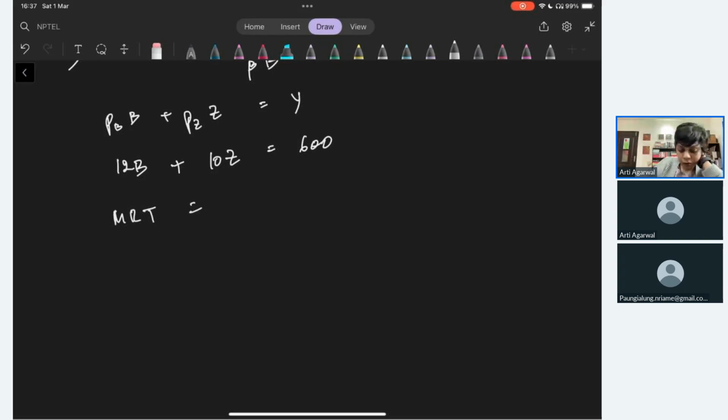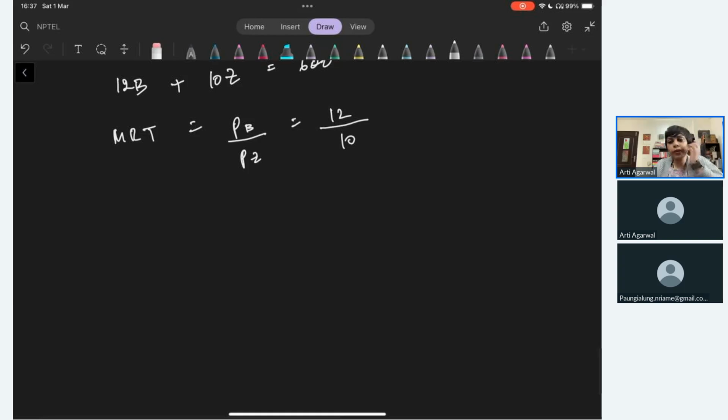Yeah, so MRT is going to be PB by PZ, and PB we are given as 12, PZ we are given as 10. So when we say that MRS is equal to MRT, what we are saying is that the optimal consumption bundle is satisfying the equation of both the curves, the budget constraint as well as the utility maximization, that is the indifference curve.